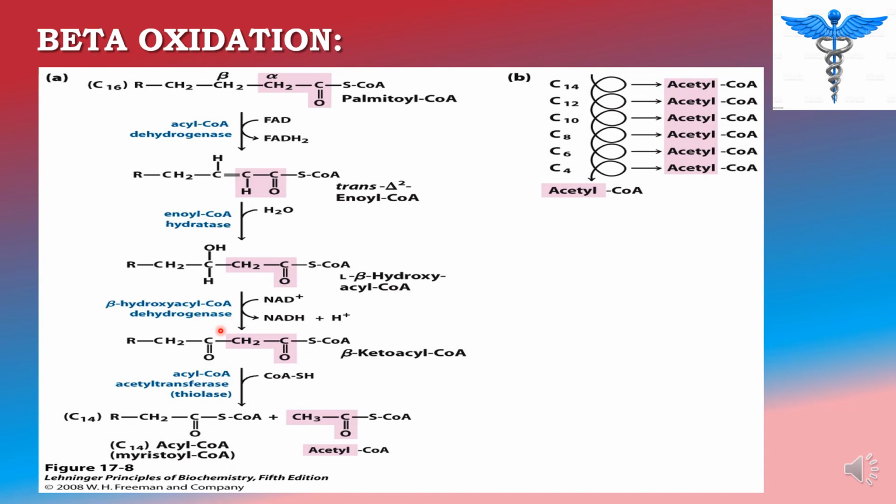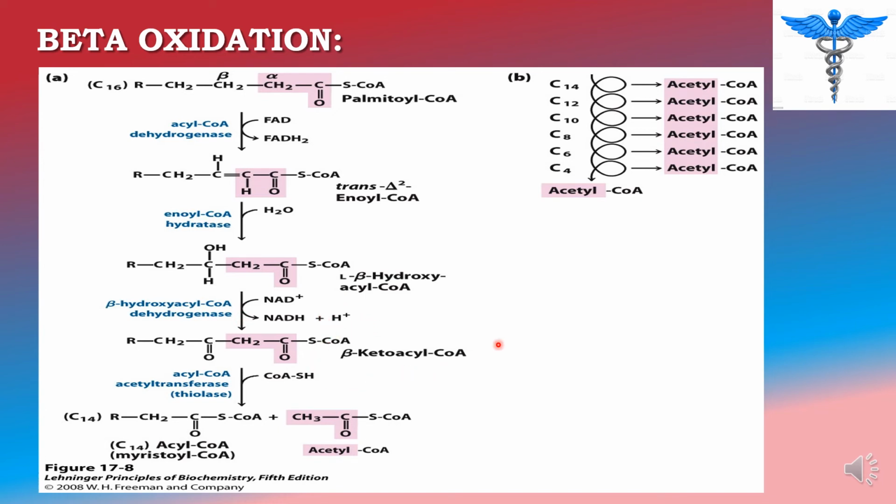Whenever the enzyme name has dehydrogenase, there will be a removal of hydrogen atoms, and either NAD or FAD will be reduced to NADH or FADH2 respectively. Over here you can see in the third step, NAD is reduced to NADH and hydrogen positive ion.